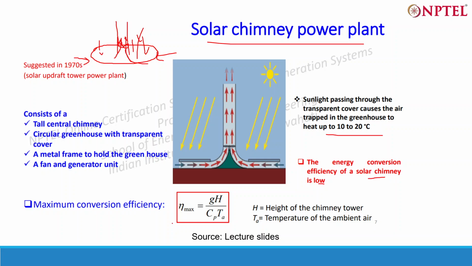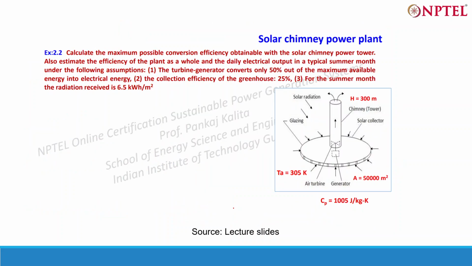If you want to calculate the conversion efficiency, g H by Cp Ta is the formula for calculating it. Now this was the question which I had given you for calculation. It asks for the maximum possible conversion efficiency obtainable with the solar chimney, and also to estimate the efficiency of the plant as a whole and daily output in typical summer months using the following.